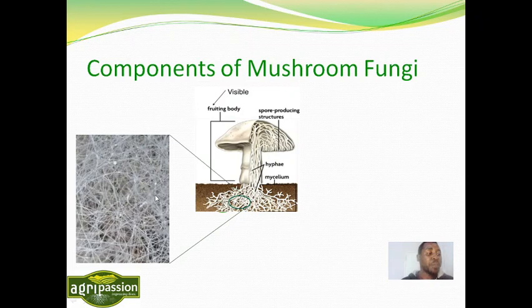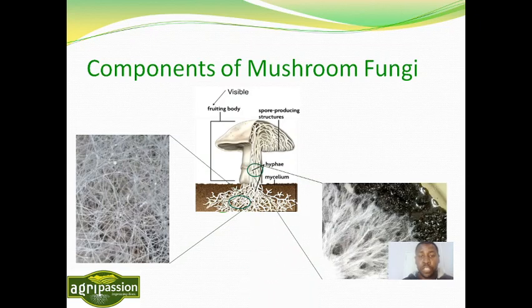Hyphae are long filamentous branches that are found within the substrate or within the soil from which the mushroom or the fungi is growing. This hyphae condenses together to form a vast network of these filaments, which we know as mycelium.